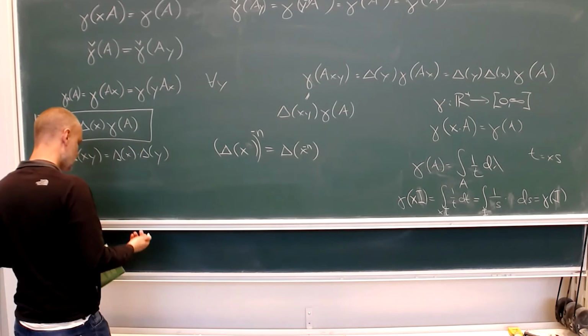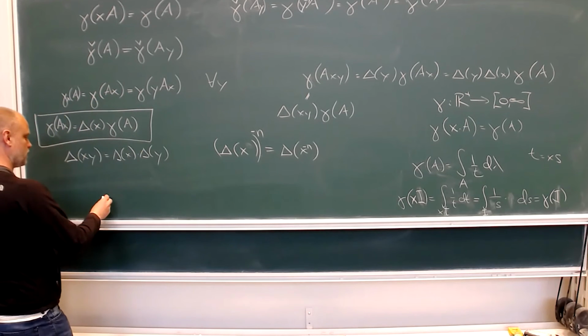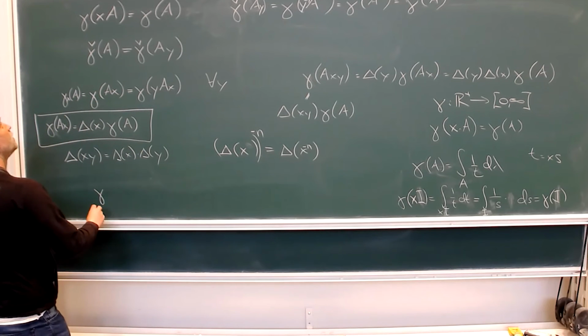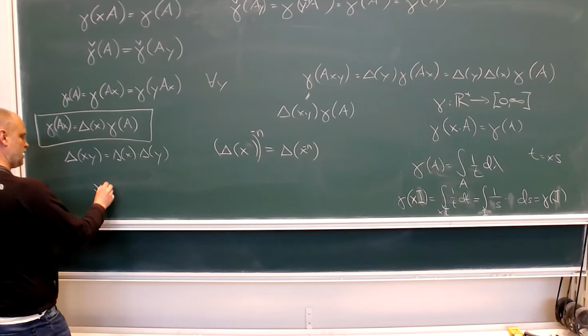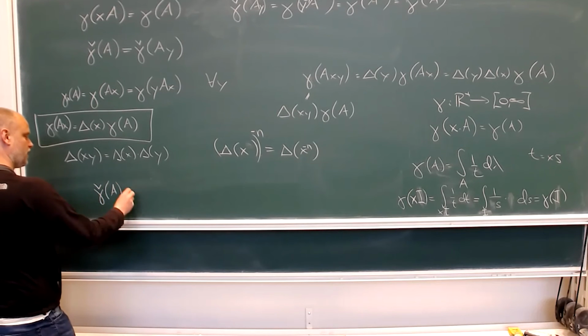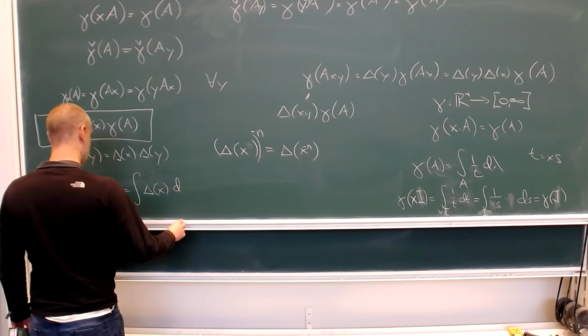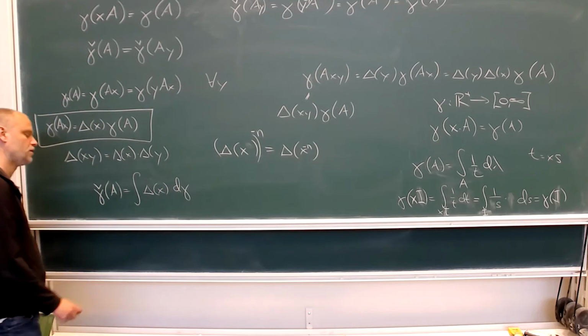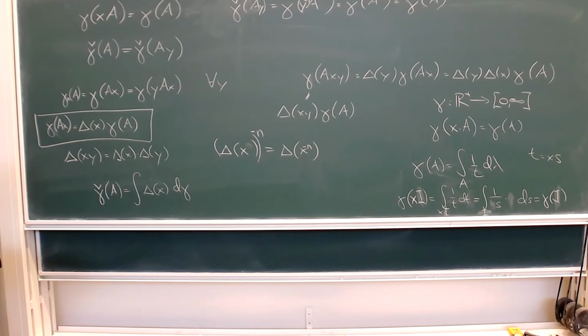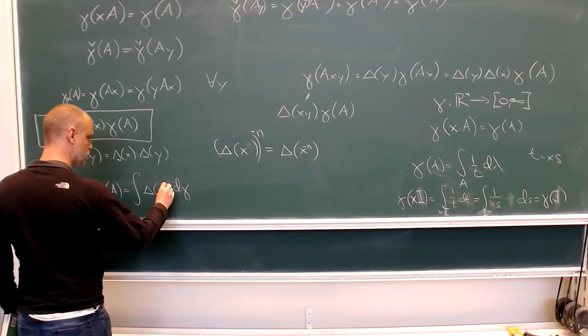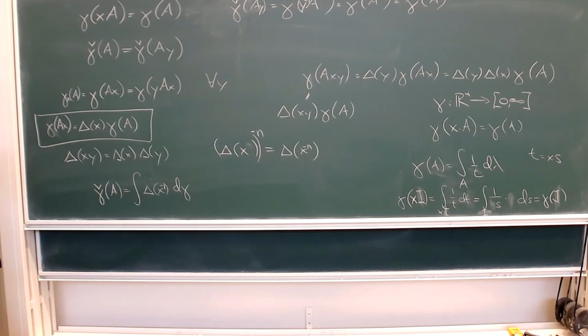But that's what he's proving here. If you want the right Haar measure of a set A, you can integrate the modular function against the left Haar measure. That's a nice observation. And I got it wrong: you have to put a -1 up there.